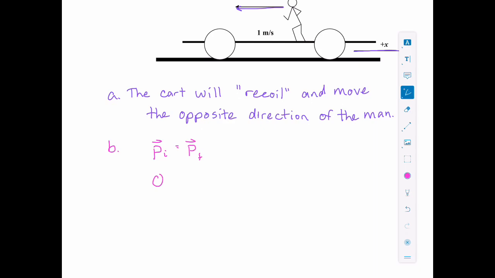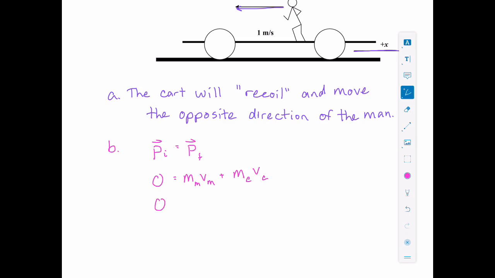The final situation is that because the man moves, the cart will therefore recoil. So the final momentum is the momentum of the man, so mass of the man times speed of the man, plus the momentum of the cart, mass of the cart times speed of the cart.